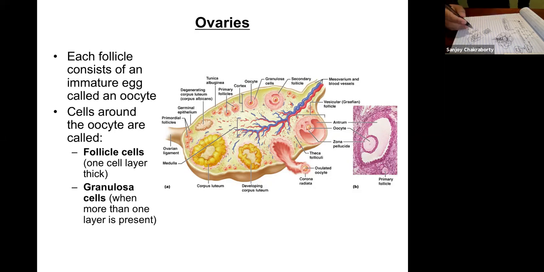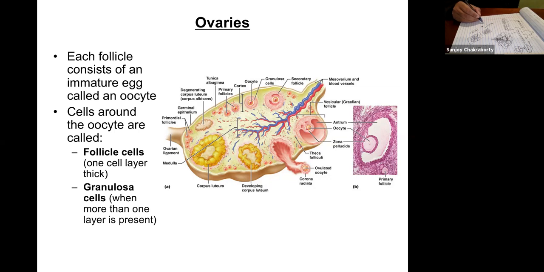Different follicles: the beginning one, all the way at the very small stage, we call primordial follicle. Then when they grow, now what does growth mean? Growth means if this is the egg and that's the one single cell, this outside cell divides.